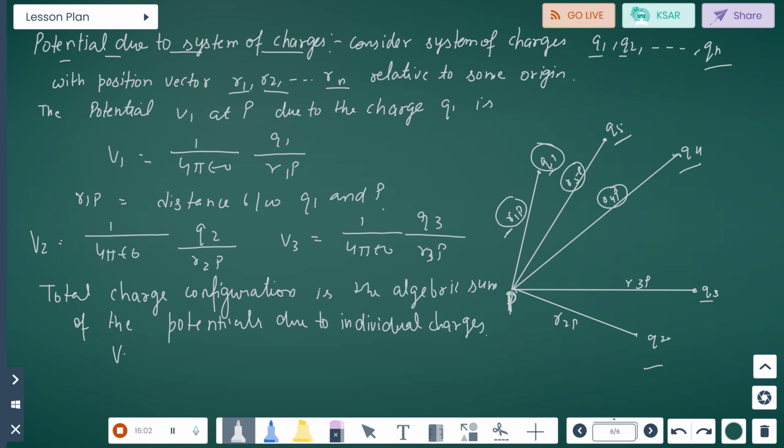Algebraic sum means V1 plus V2 plus V3 and so on; they simply add up.